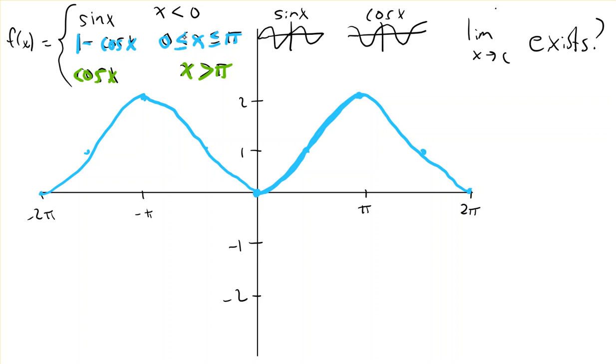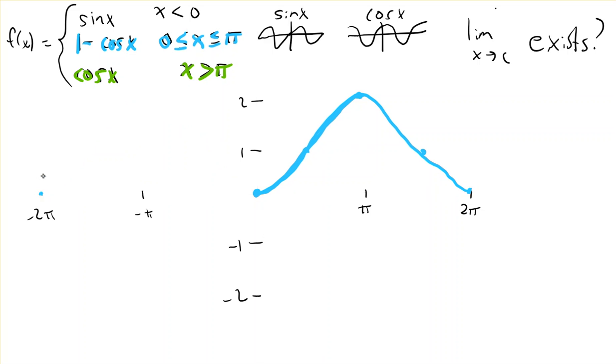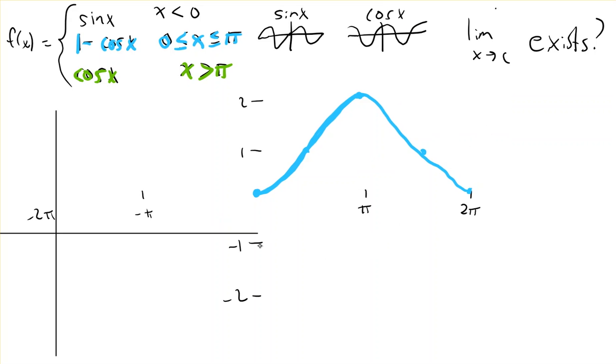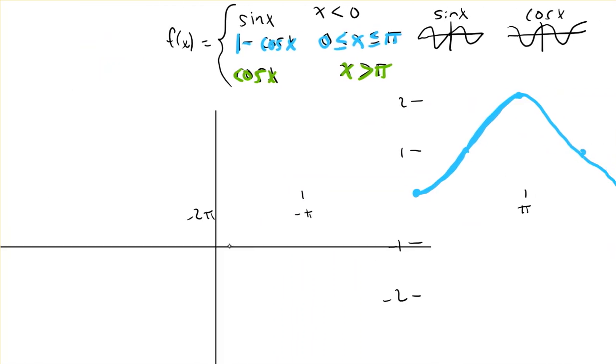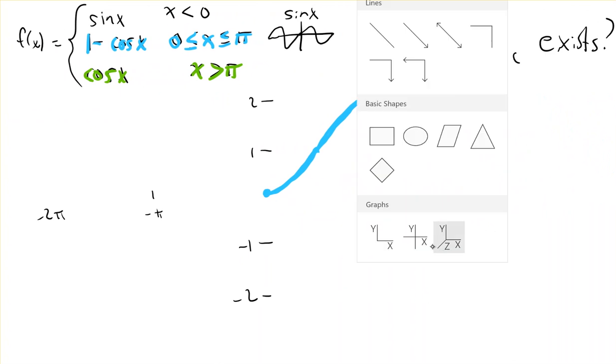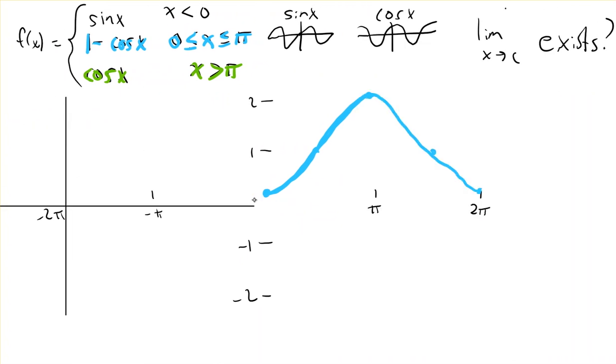Now, since this is a piecewise function, I really only want to keep the values between 0 and pi radians, so that would be from here to here. I would like my graph back though. I erased just a little bit too much.